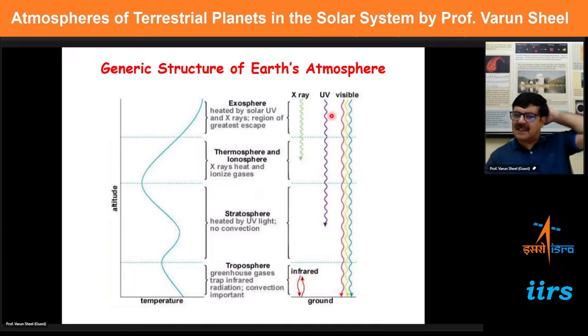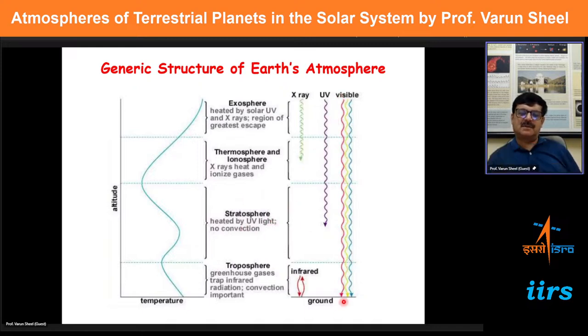This is basically affected by different types of radiation. As I told you earlier, the electromagnetic spectrum comes with all kinds of radiation, but X-rays, for example, will be absorbed much higher up in the upper atmosphere, and the UV will come down to the lower atmosphere up to the stratosphere, where it is absorbed by ozone, and so this portion gets heated up.